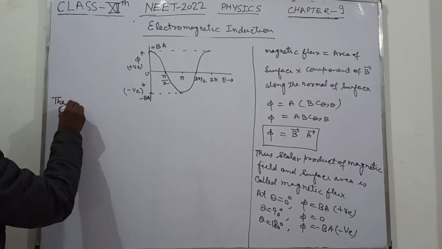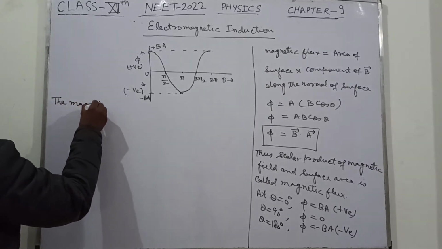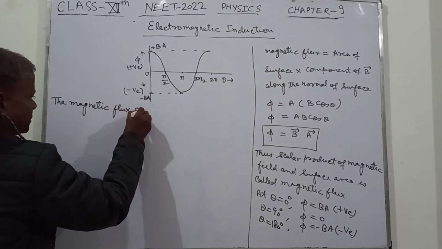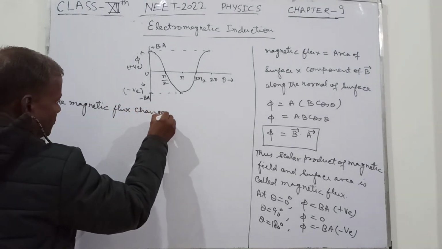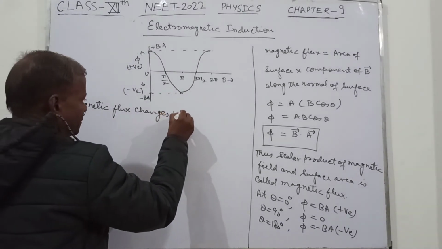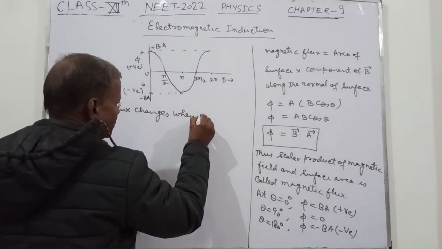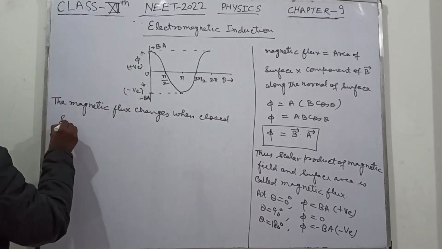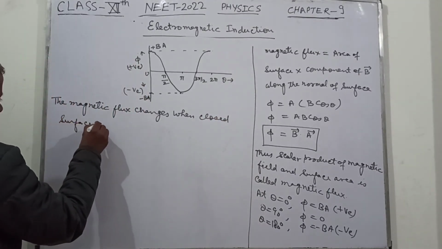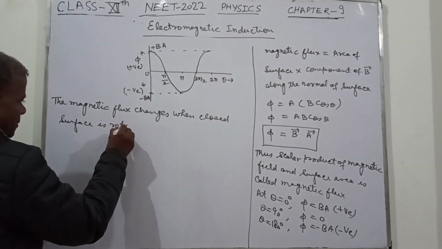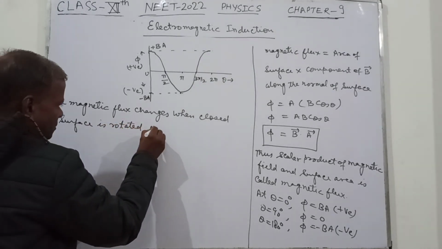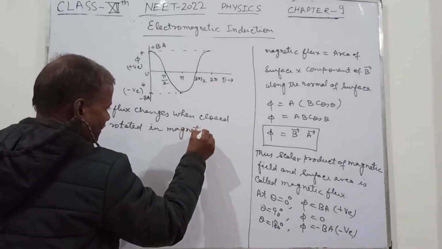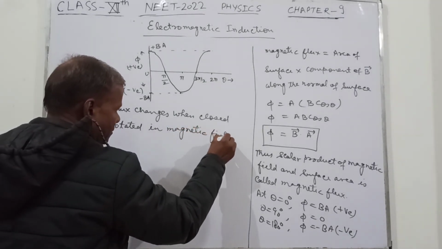The magnetic flux changes when a closed surface is rotated in a magnetic field.